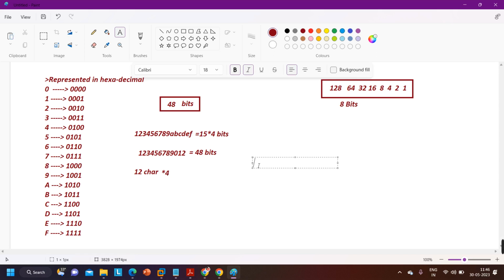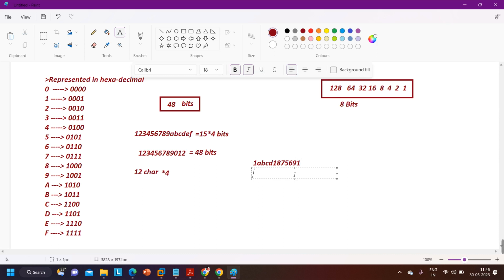Now see, I am writing one MAC address. Let's say 1A BC D1 87 24 6 and so on. This is one MAC address. Now, the representation of this MAC address can be different.